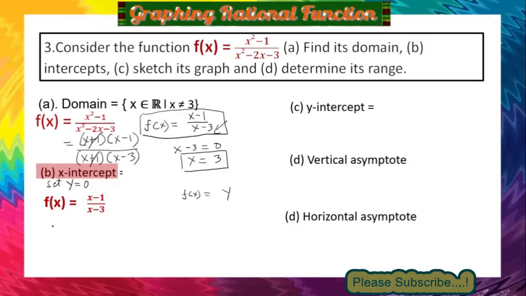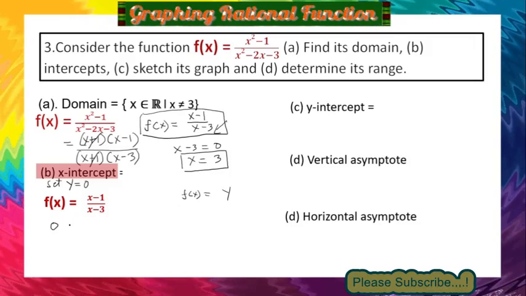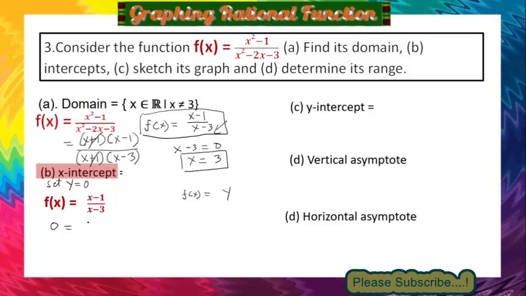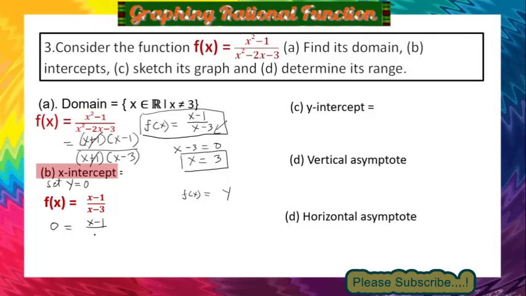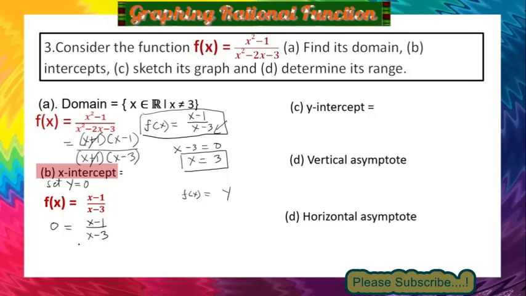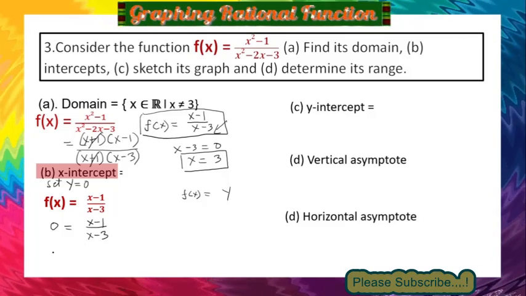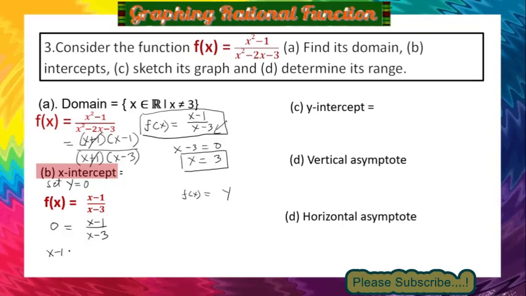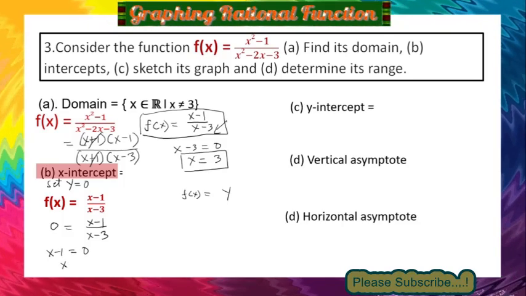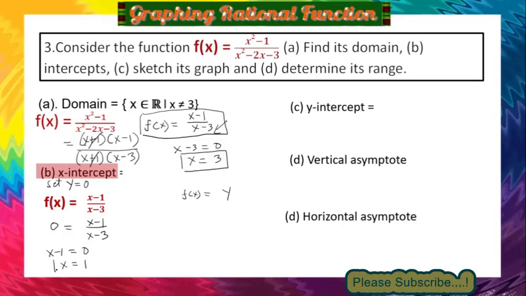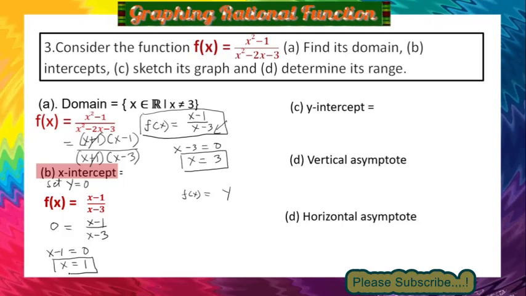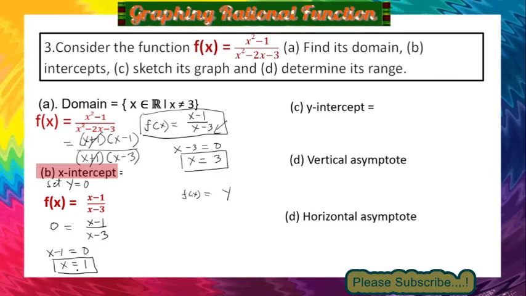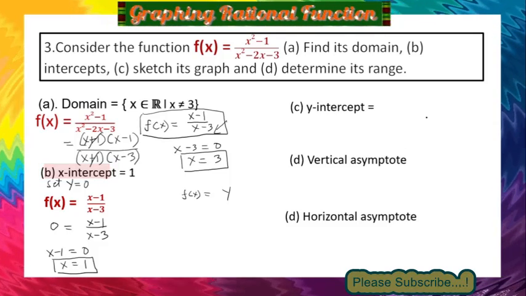So by substitution, this is equal to 0, then copy x minus 1 all over x minus 3. So cross multiply. So this is x minus 1 equals 0. So your x is equal to positive 1. So this is your x-intercept.